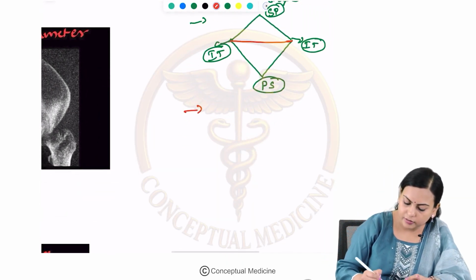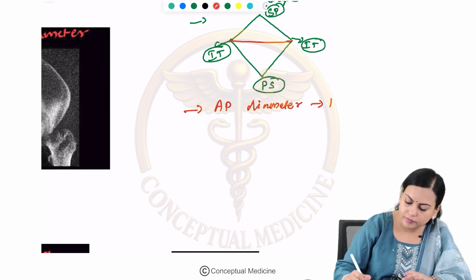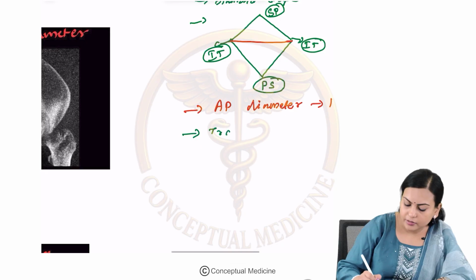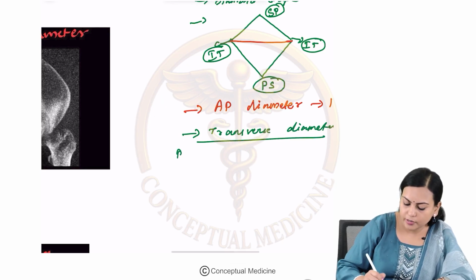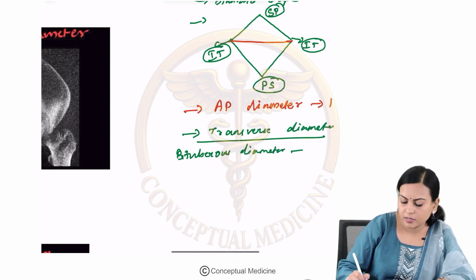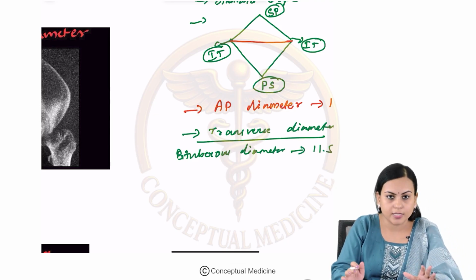Basically, here the anteroposterior diameter is around 11 centimeters, and for the transverse diameters, here we have the bituberous diameter, which is around 11.5 centimeters, present between the two ischial tuberosities.